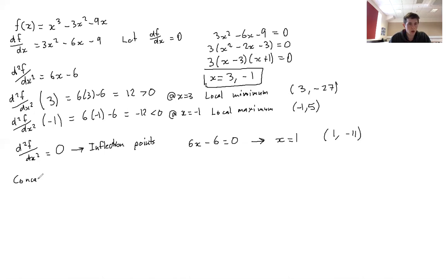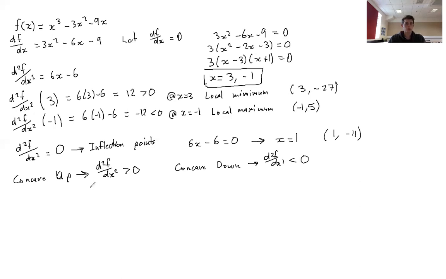Concave up means that the second derivative is greater than 0, and concave down, the second derivative will just be less than 0.